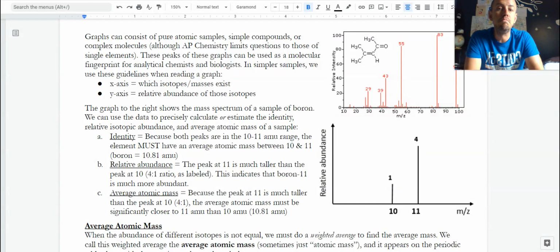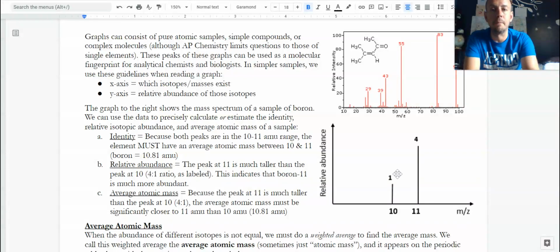The peak 11 is much taller than the peak 10, like we just said, which means that the average of these two has to be a weighted average, accounting for the fact that out of every 5 atoms of boron, 4 of them are going to have a mass of 11. So the mass would be much closer to 11 than to 10, which connects to the value that we see on the periodic table.